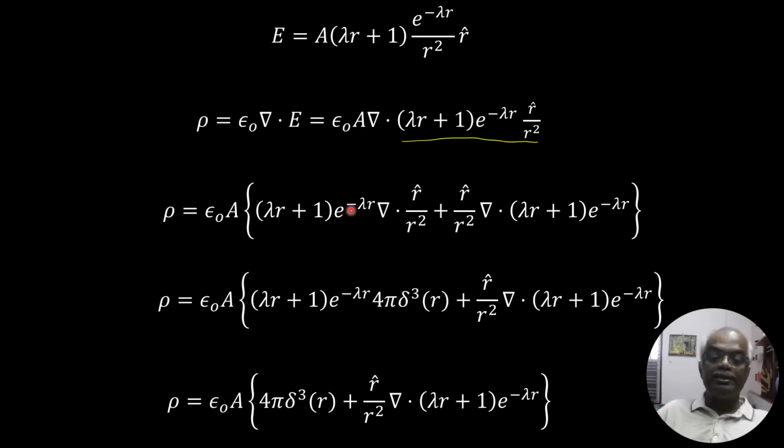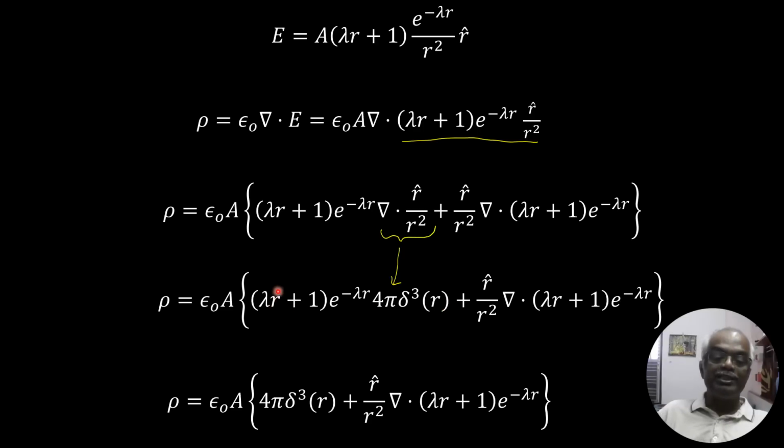Then what is this thing? The divergence of r-hat over r² is 4π δ³(r), the Dirac delta function in three dimensions. So you will have a non-zero value only when r is equal to 0.